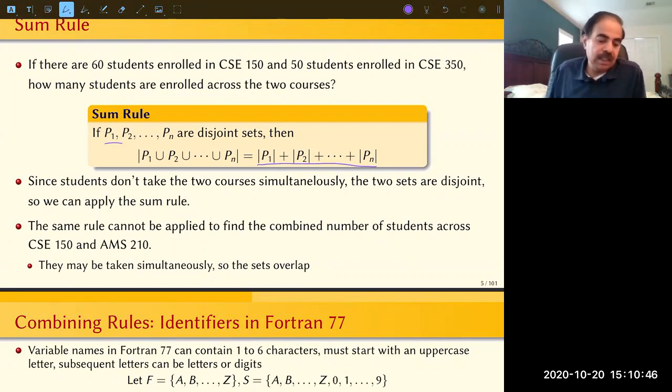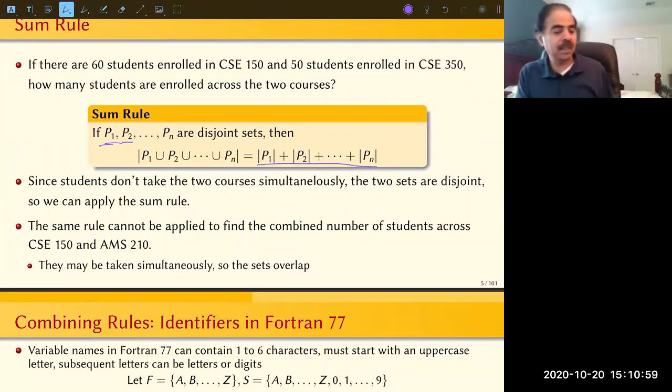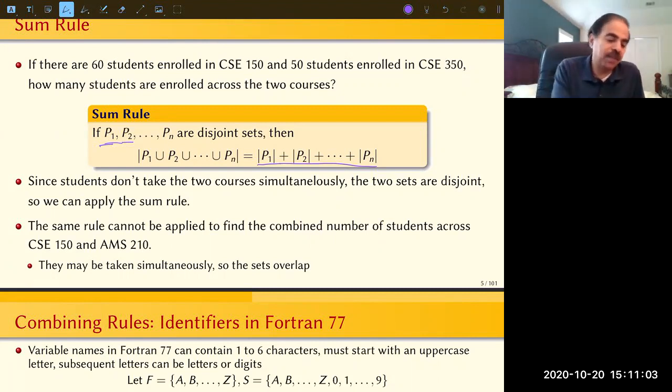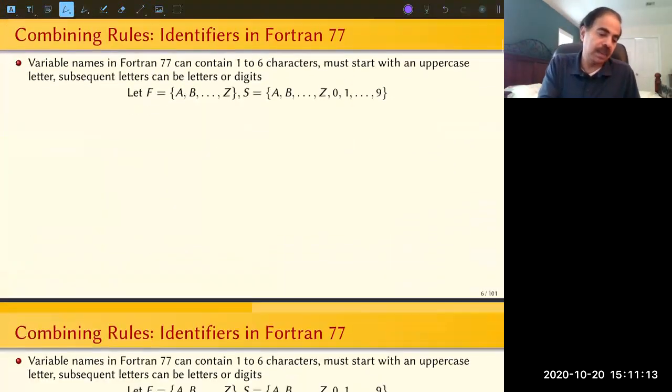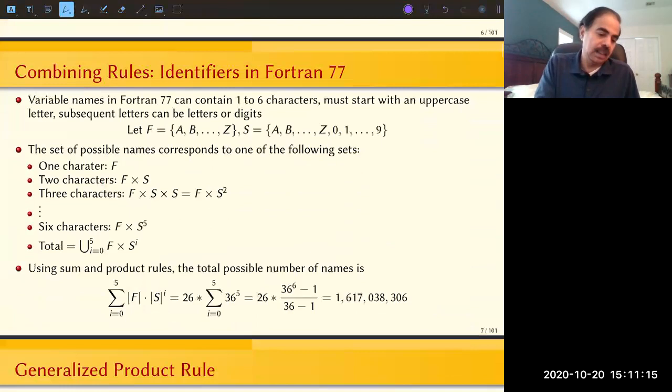Basically we apply it when we have n different ways to do something, and each of those ways can be further subdivided into P1 ways, P2 ways, and up to Pn ways. Then if you want the total number of ways in which it can be done, you simply add these up, right?